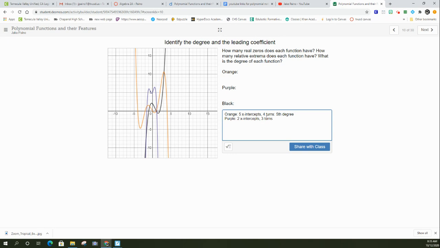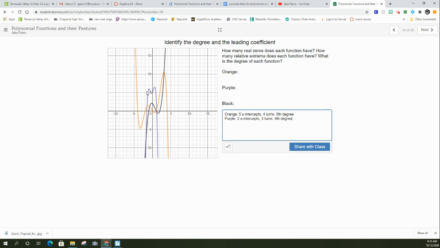It's got to have a higher degree. The degree's got to be higher than the number of turns. Okay, the end behaviors are both the same direction, so it's definitely an even degree. And so since there's 3 turns, we're going to go one more than that. Let's say 4th degree. And that's the minimum. It could be higher.